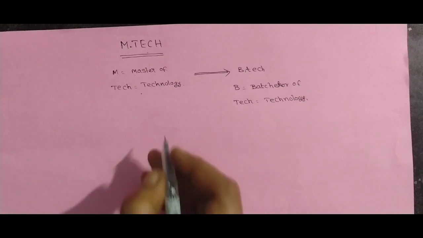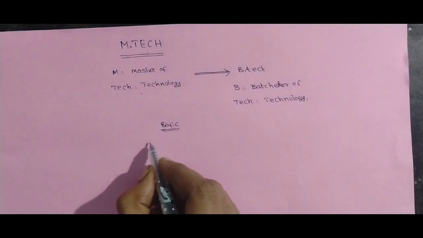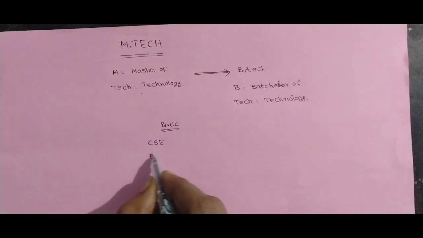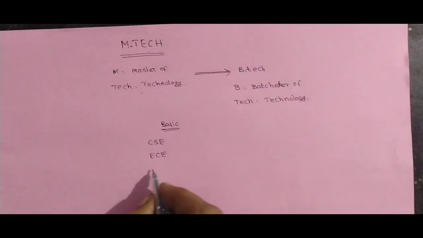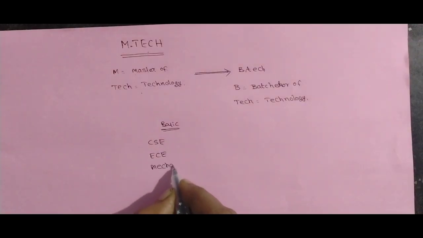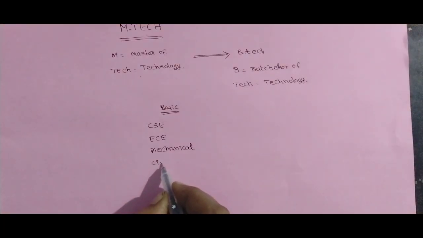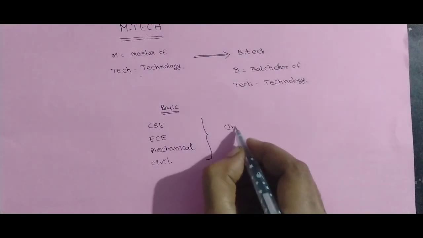Core areas means basic areas, like CSE, Computer Science Engineering, and ECE, which relates to the electrical area. Coming to mechanical, absolutely in B.Tech also we do have the mechanical area and also civil engineering.